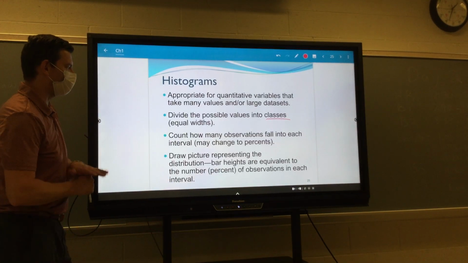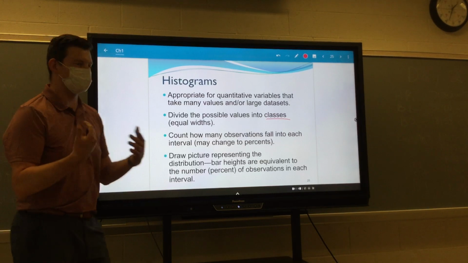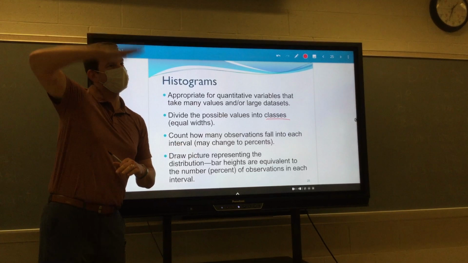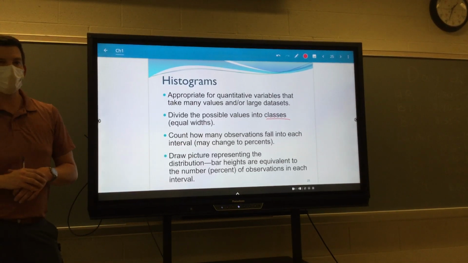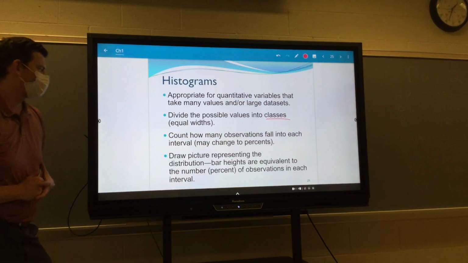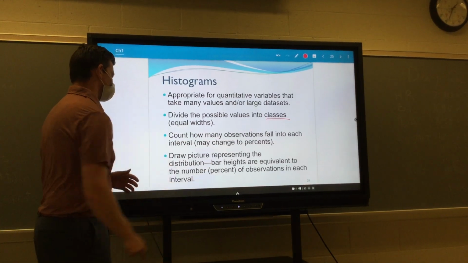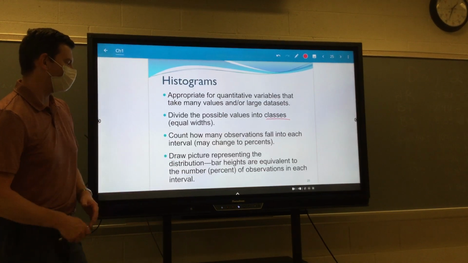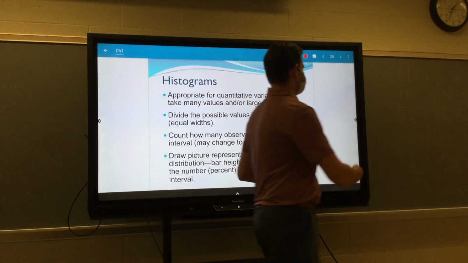You're counting how many observations fall into each of those intervals. You could have the raw number as the height of that bar, or you could have it as a percent, and you're drawing this picture representing the distribution. The bar heights are equivalent to the number, or the percent, of the observations in each interval.